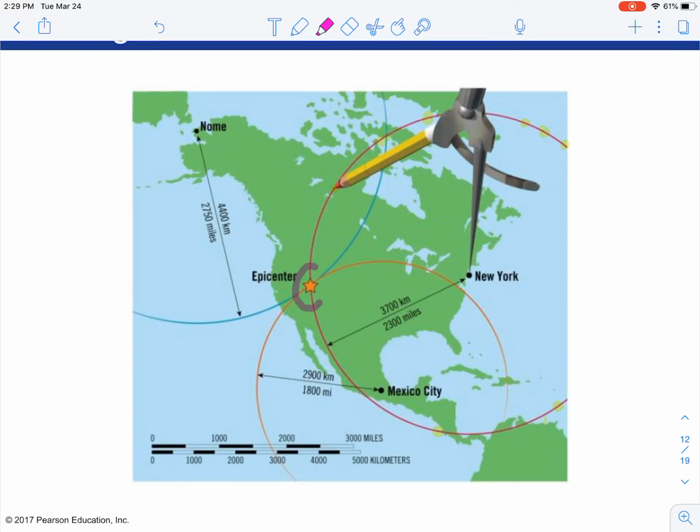There's only one place where those three circles intersect, and that one place marks the location of the earthquake. Okay. So hopefully this makes sense. Triangulation meaning you have to have at least 3 sets of data to locate an earthquake epicenter. Now, obviously, we have computers that can do this in real time today. In the past, this is how geologists would individually locate an earthquake.